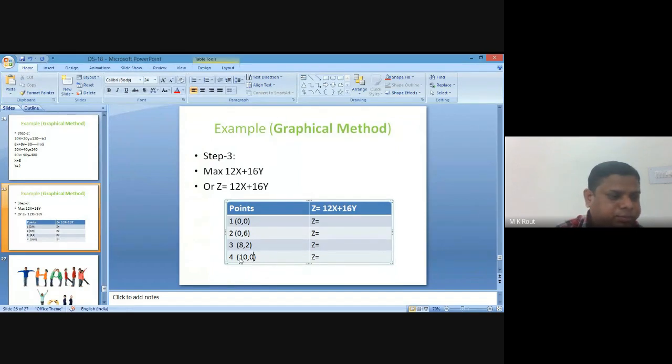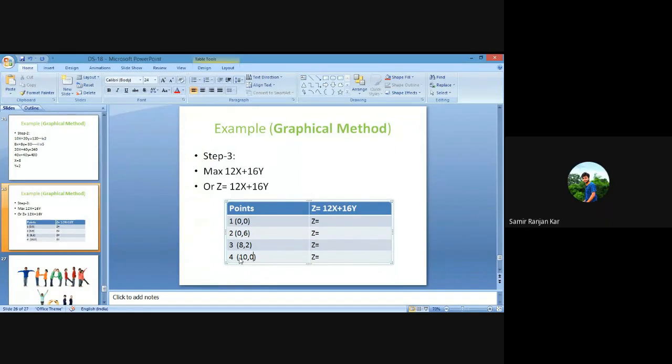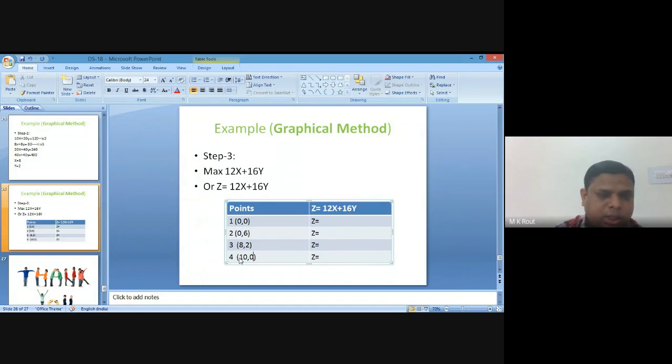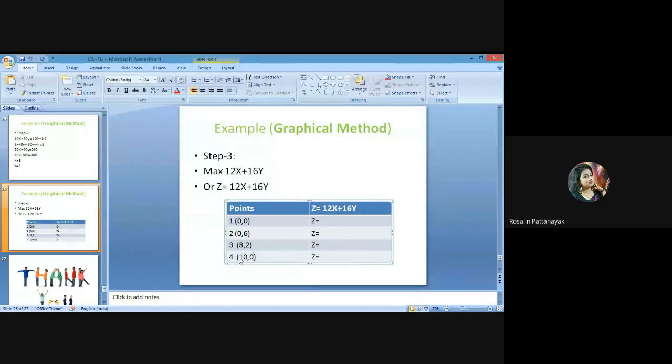Anything else? Sir, won't the intersect point be taken? No, you cannot take the intersect point. The area under the intersect point is known as the feasible region. Suppose I show that one. Is it visible? Yes, sir.